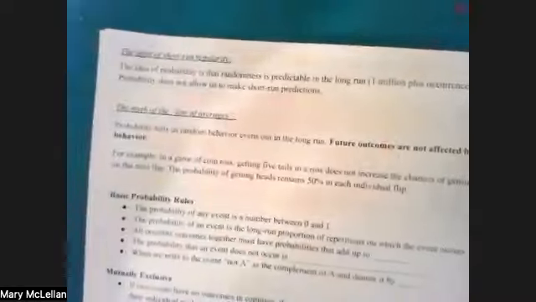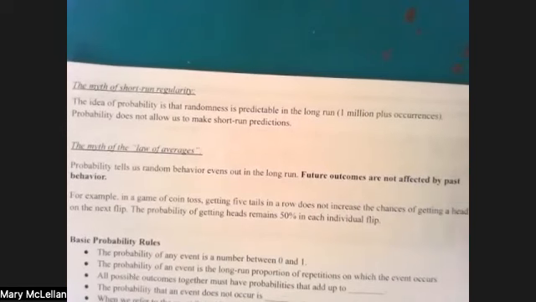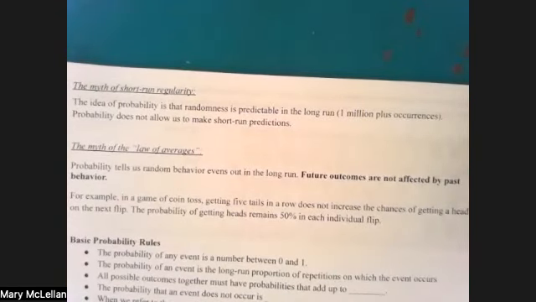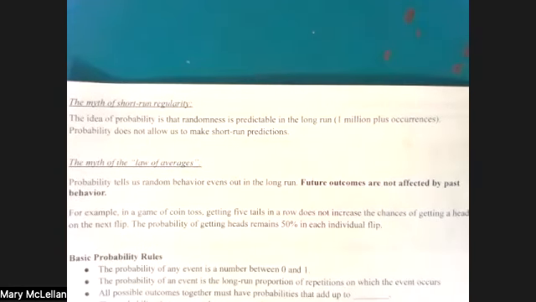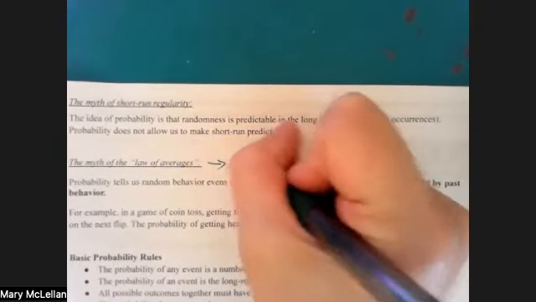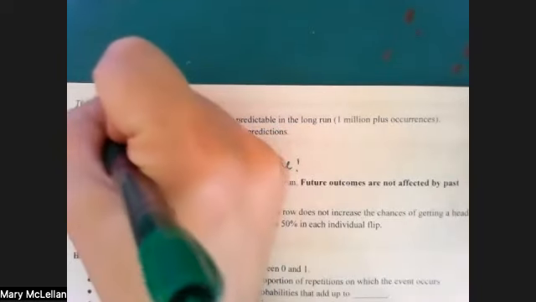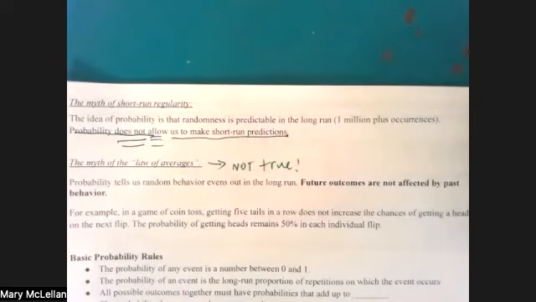It's the idea that randomness is predictable in the short run, and it's really important to know that that is incorrect. The myth of the law of averages is not true. Probability does not allow us to make short run predictions.